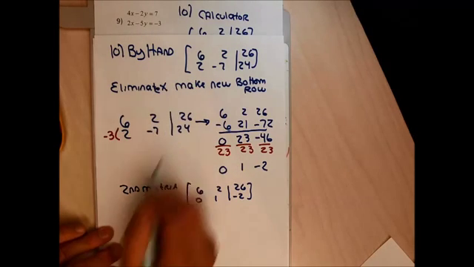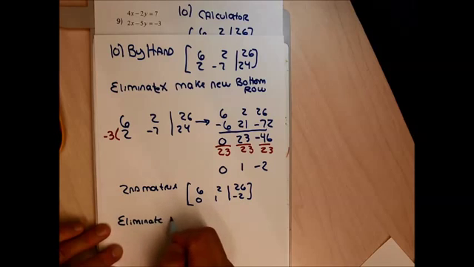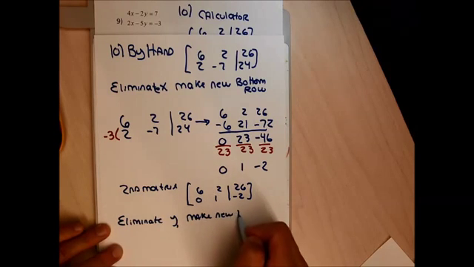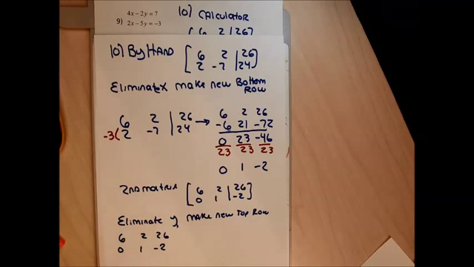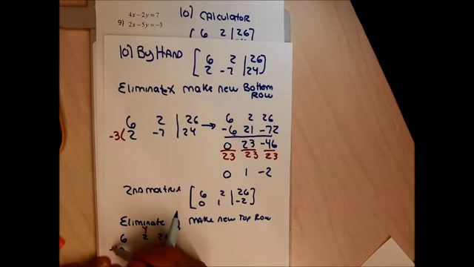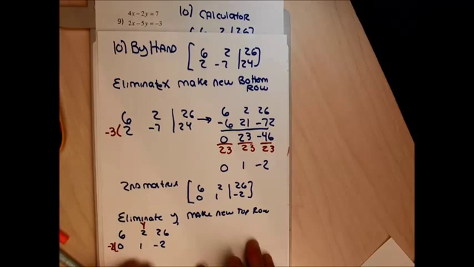I have to eliminate the y and make a new top row. So I'm going to put this 6, 2, 26 on top of 0, 1, negative 2. I'm going to make the y's cancel by making this bottom row have a negative 2 to cancel with the 2. So I'm going to multiply by negative 2 in the bottom row.